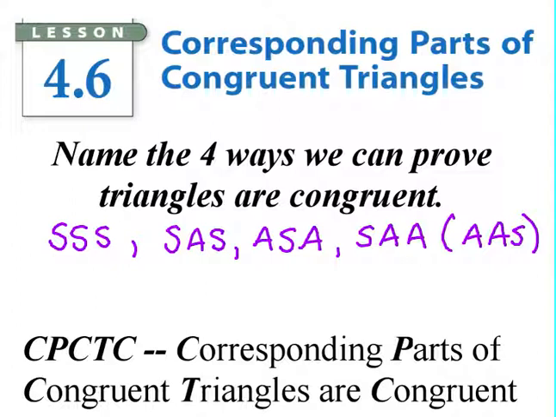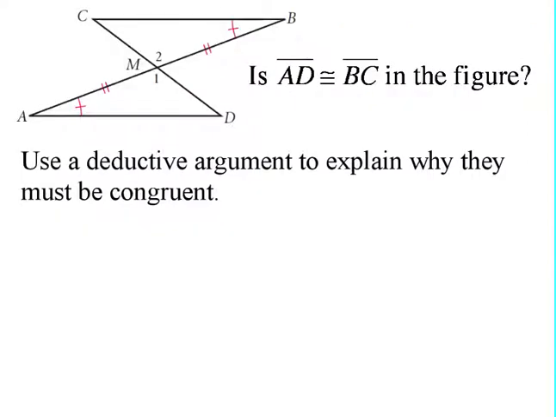All the sides, all the angles. That's what CPCTC means. So if you show that 3 parts are the same, the angle, side, angle, that means all the angles are the same. All the sides are the same. So let's go ahead and look at this real quick.